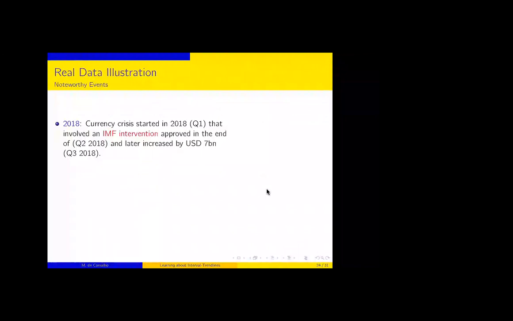Let me just mention some noteworthy events. In 2018, a currency crisis started in Argentina, and there was an IMF intervention at that point.